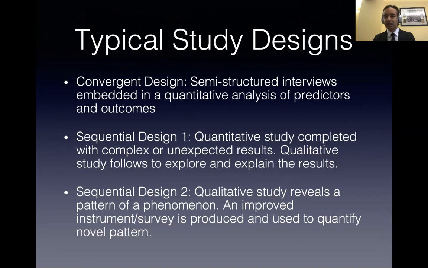Sequential design is another way to do it. For instance, you've completed a quantitative study that's revealed some unexpected or complex results, which are quite common in our work. And then you follow it up with a qualitative analysis to explore and explain the results that are found. This could also be flipped in the opposite direction.